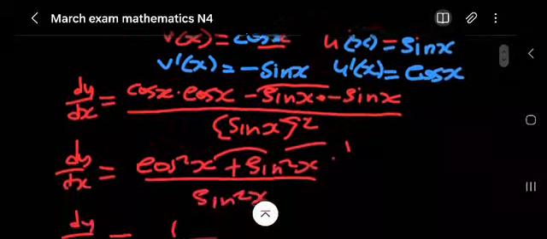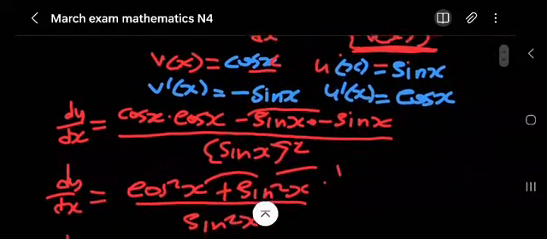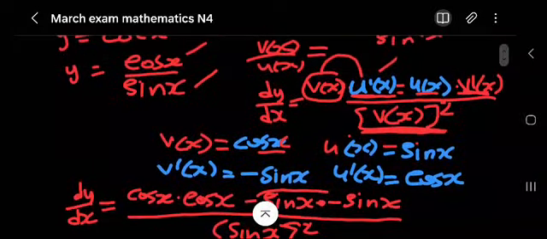We're supposed to have a negative. Where is the negative? When I differentiate this here, if v is cos, u will be positive.